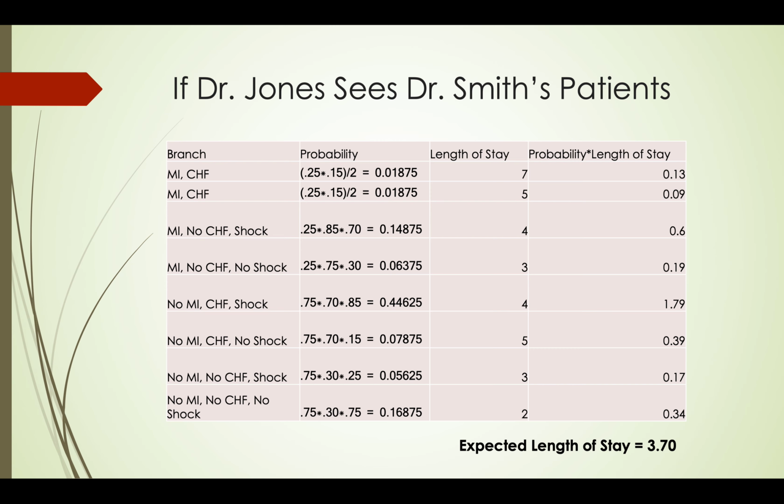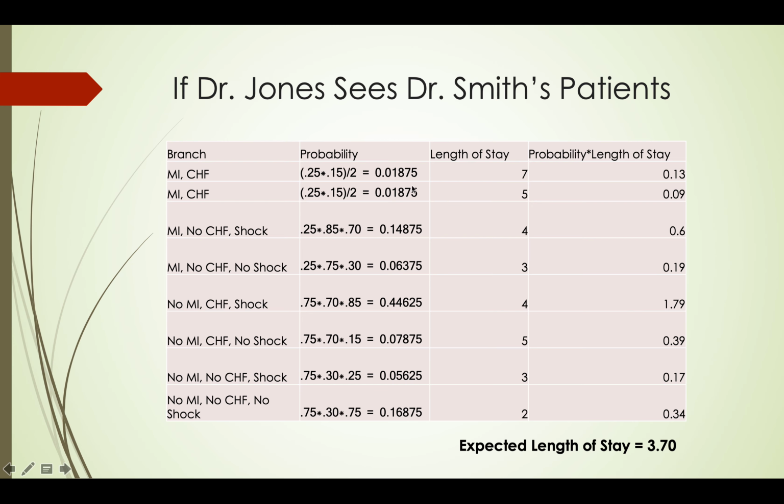Now we have the opposite here, which is if Dr. Jones were to see Dr. Smith's patients. So we listed out the branches. Here are Dr. Smith's probabilities used to calculate this overall probability.